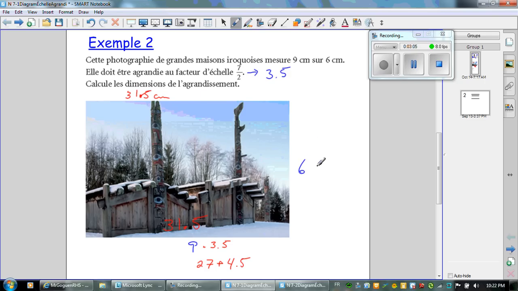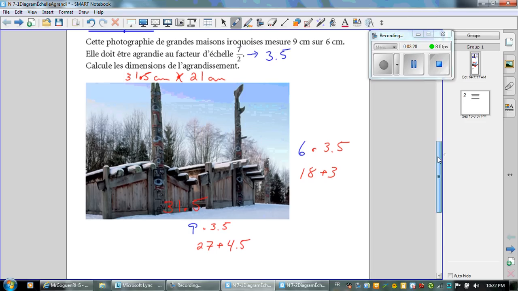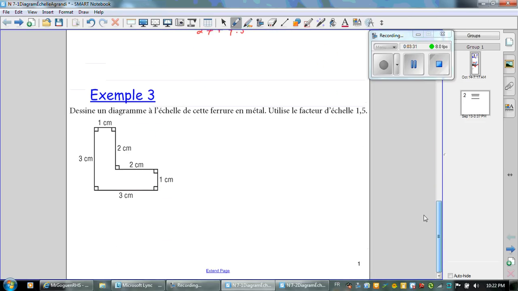And the other dimension would be 6 multiplied by 3.5. So 3 times 6 is 18, and half of 6 is 3. So 31.5 by 21 centimeters would be the new dimensions if I want to get this picture enlarged by a scale factor of 7/2, or 3.5. And one final example.